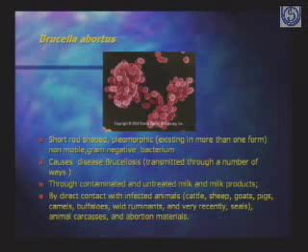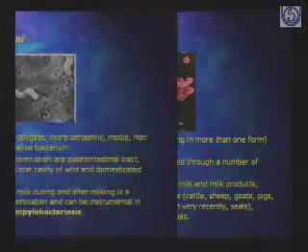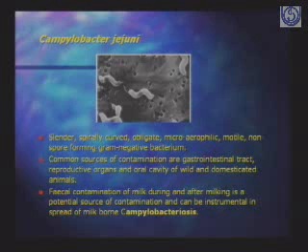This is responsible for a disease known as brucellosis, and it is also spread by direct contact with infected animals. Then we have Campylobacter jejuni. This is an emerging pathogen of concern. It is a slender spirally curved rod which causes a type of gastroenteritis known as campylobacteriosis.